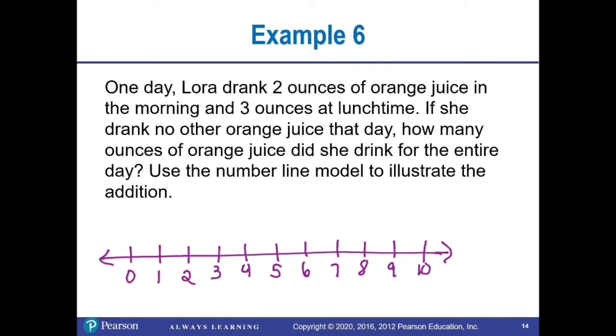So I start at 0 and I take a jump of 2 and represent that with an arrow. My next measure is 3 ounces. I represent 3 ounces with another arrow starting at 2, and I count over 3 places on the number line. I land at 5, so that tells me that Laura drank 5 ounces of orange juice.